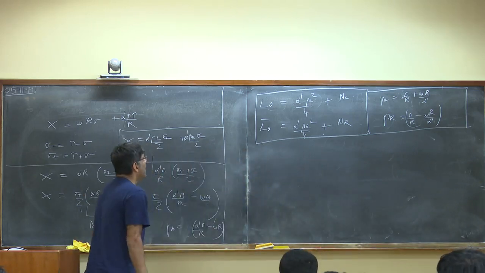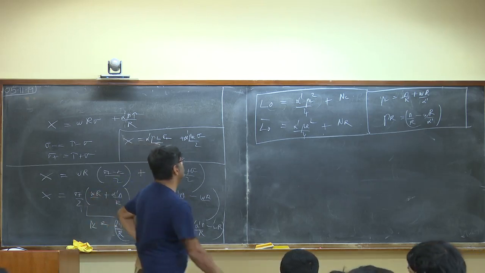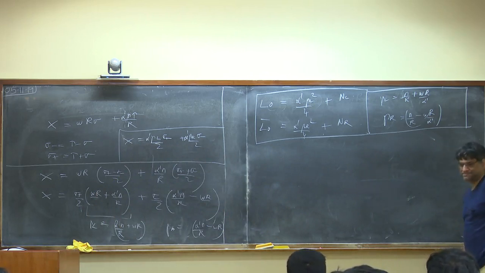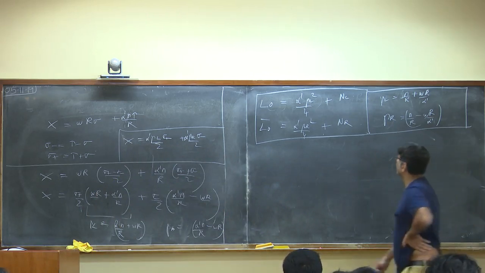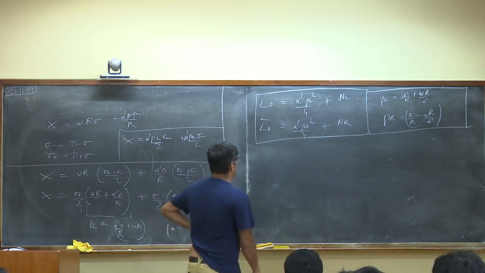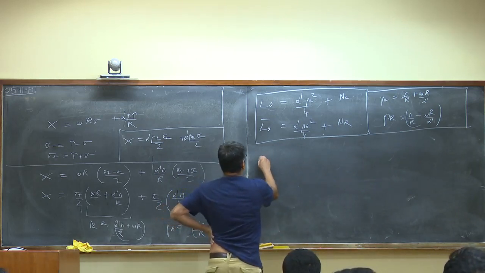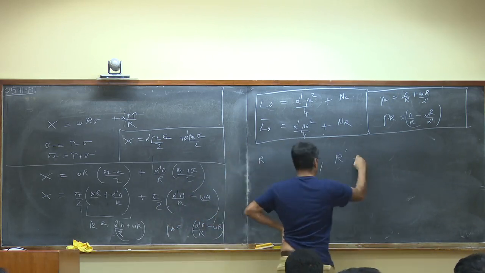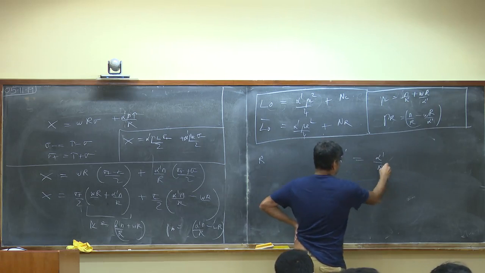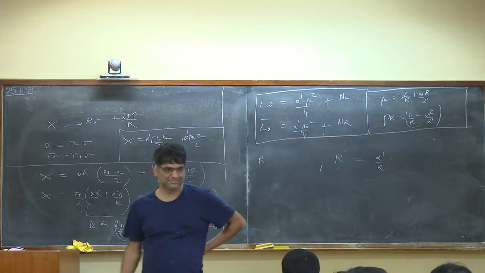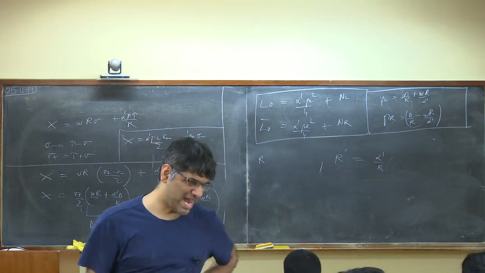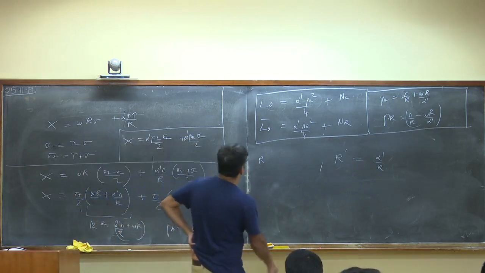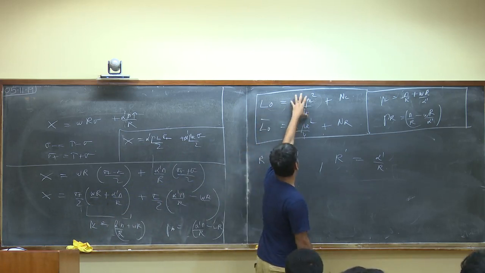Now, one thing that's easy to see is the following. Suppose we take one theory with radius R and another theory with R prime, which is equal to alpha prime by R. Now, let me compare the zero mode contributions.